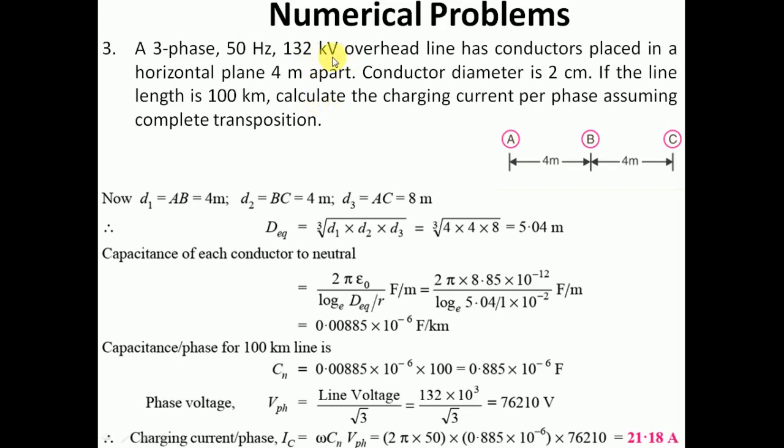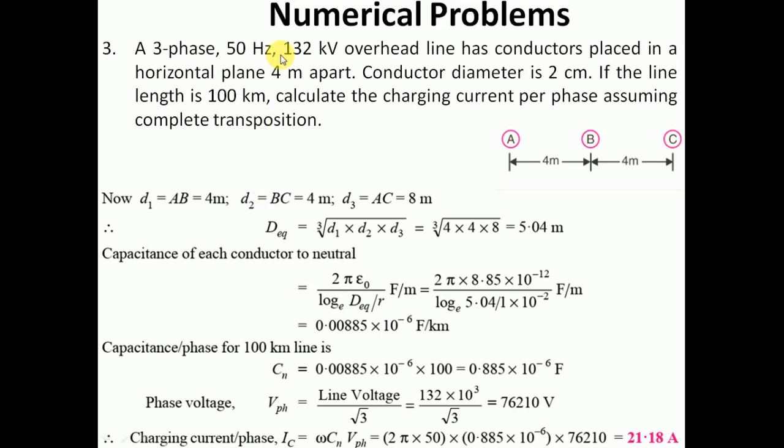This particular value is actually indicating the line voltage. It's not mentioned whether it is a star connected or delta connected system, nothing is mentioned. So by default you have to consider the system as a star connection one. So for V phase, in the case of a star connected system, the relation between line voltage and phase voltage is V phase is equal to line voltage by root 3.